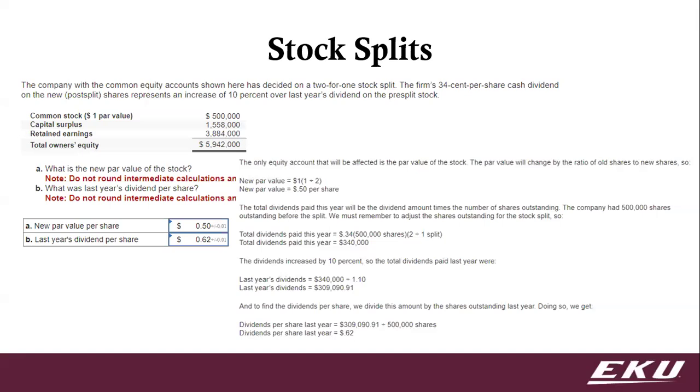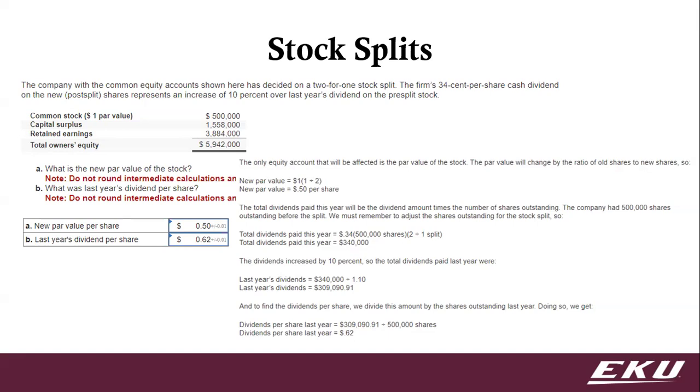Okay, and then this is doing a stock split. So they decided they're going to do a 2-for-1 stock split. They do a 34-cent per share cash dividend on this new number of shares, right? Because it's 2-for-1. And it represents an increase of 10% over last year's dividend.